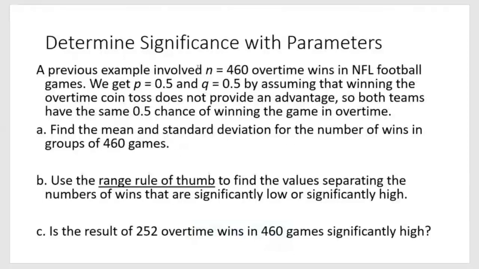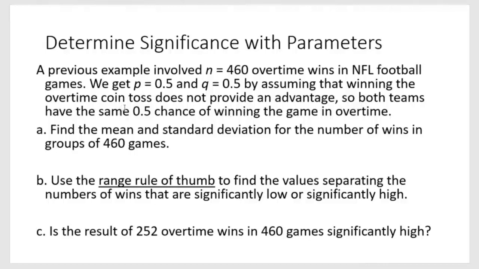Here we've got a lot of words. That's the word problem. If there are 460 overtime wins in NFL football games, and the probability of winning is 50%, the probability of losing is 50%, if we assume that by winning the overtime coin toss, there's no advantage.